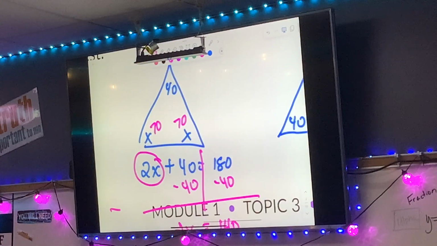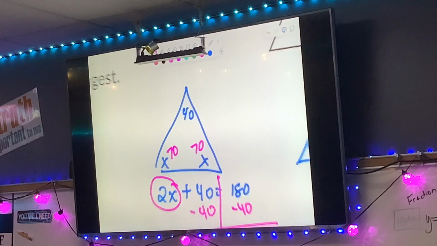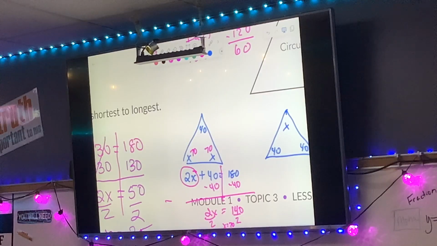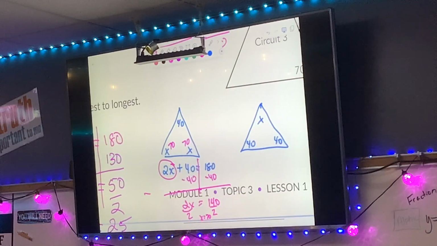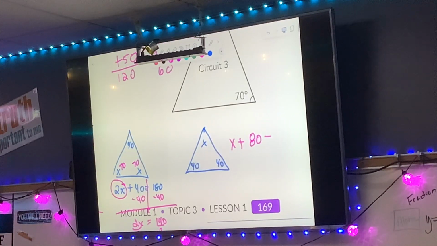So you could totally do 70 plus 70 plus 40 equals 180. You're good. But I'm not finished. This one has more than one answer. What if my two isosceles were my 40 and I'm missing my x? So what's 40 plus 40? 80 plus x equals 180.